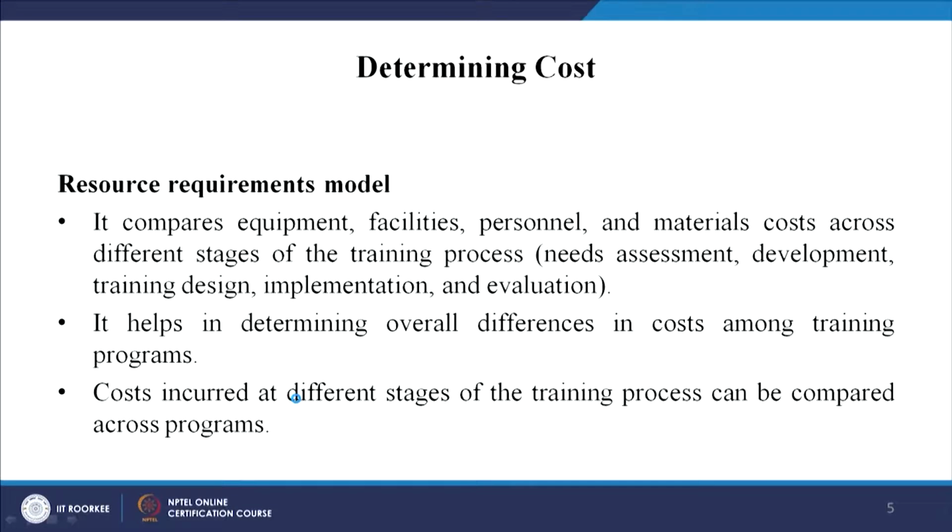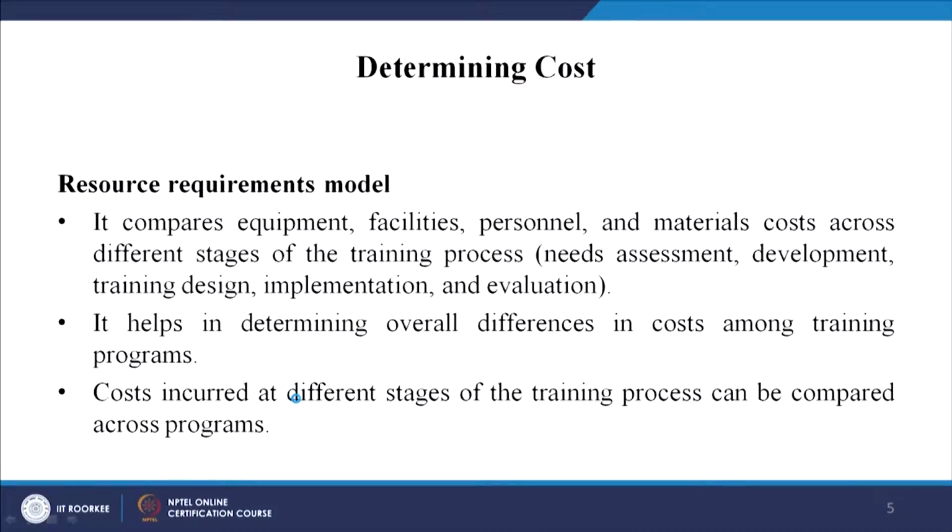So, you have to make a list. What equipment is going to be required in this particular training program, each and every one nail down. Then what are the facilities which we are going to provide, and we have to see what will be the cost.